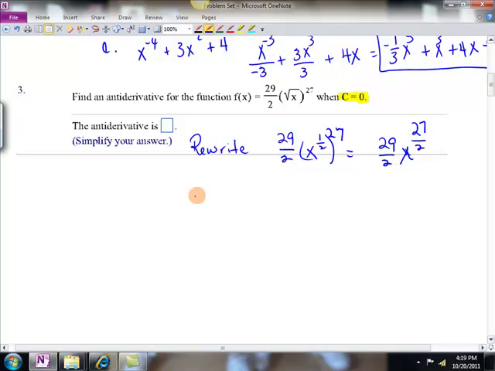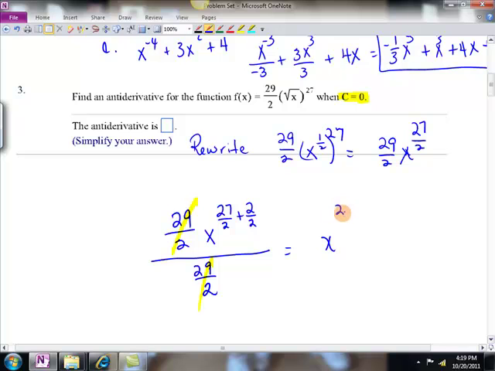Now when we take the integral of that, or the antiderivative of that, we get 29 over 2 x to the 27 halves plus 2 halves, because I'm going to add a whole 1 to that, and I'm going to divide by what that total is. So that's 29 halves. Okay? So now that's going to cancel, and I'm ultimately left with x to the 29 halves.